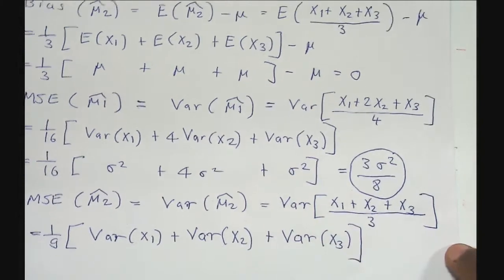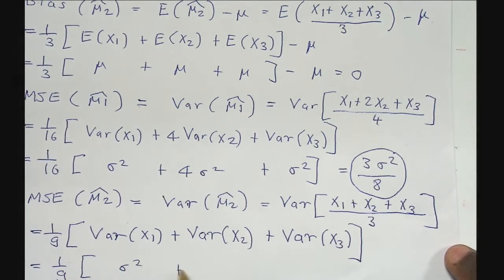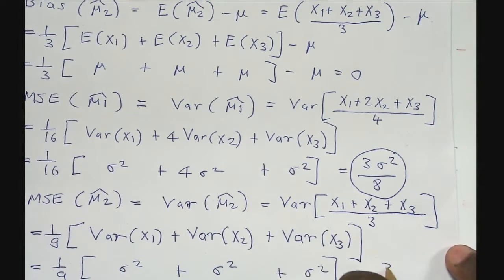The 3 becomes a 9 because when you take it outside you have to square it, as you know. So this is 1/9 times sigma squared plus sigma squared plus sigma squared, which is sigma squared by 3.